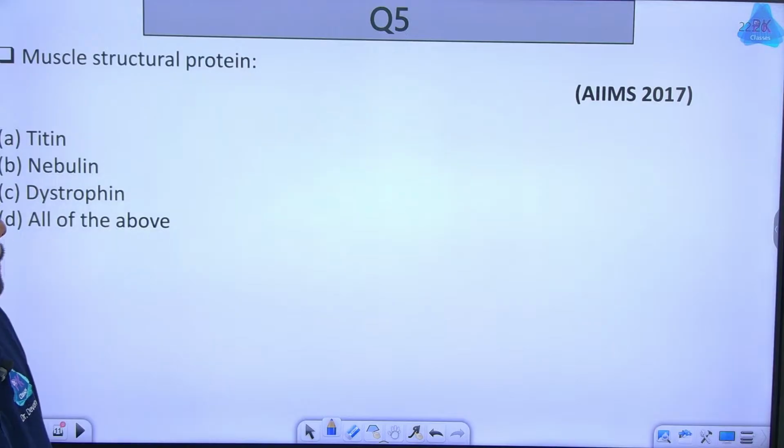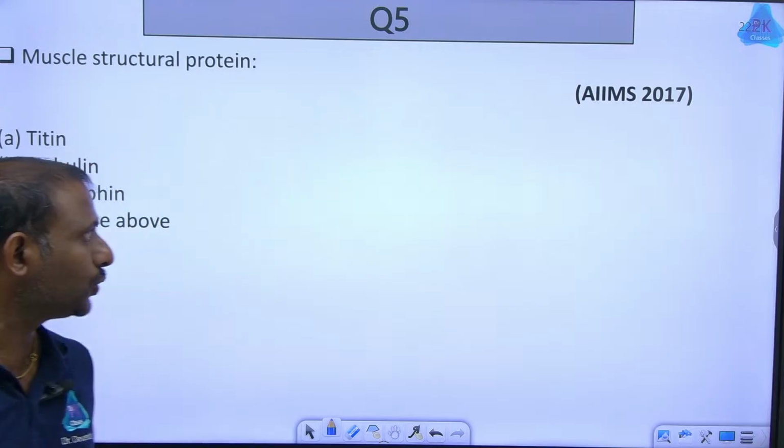Muscle structural protein. Which of the following is a muscle structural protein? All of these are previous competitive exam questions only.